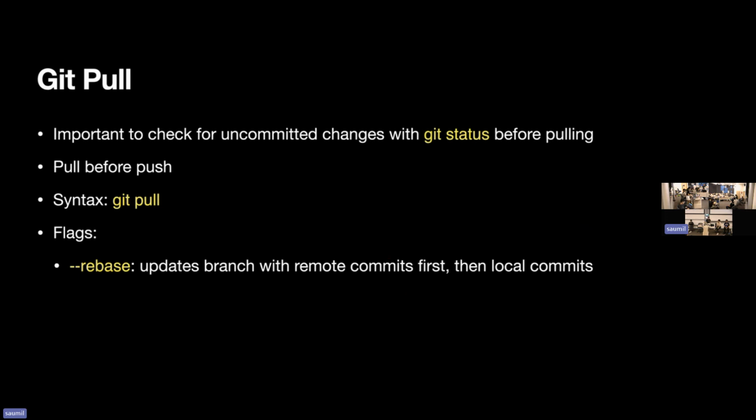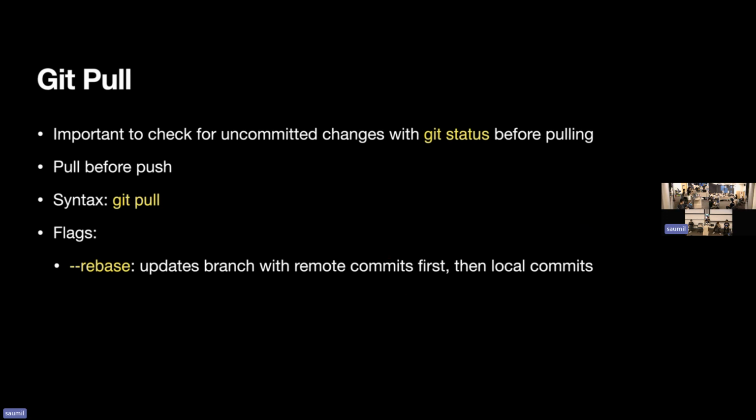The syntax is quite simple. It's just git pull, and you can also use --rebase, which updates your branch with remote commits first, and then your local commits. The use case is kind of niche: normally you will only use it when you're doing many small commits within a short period of time.